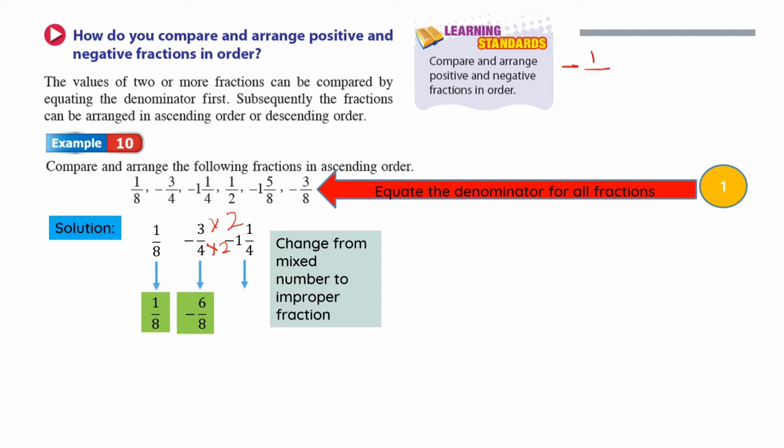Negative 1, 1 over 4. When we change it to improper fraction, we need to multiply 1 times 4 and plus 1. It will be 1 times 4 plus 1, so it will become 5 over 4.